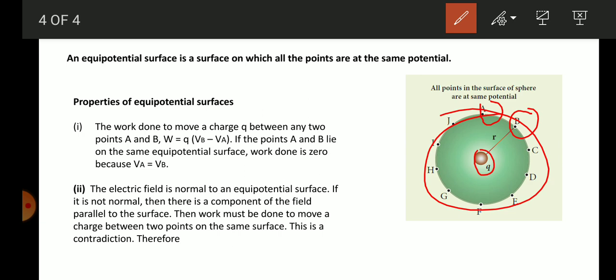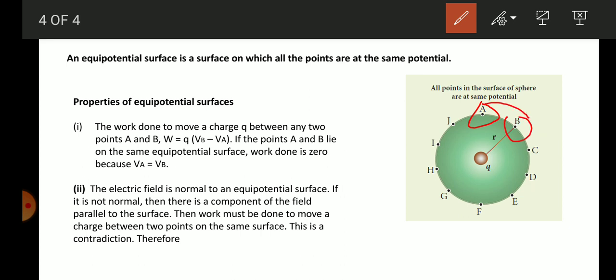Now there are some properties of an equipotential surface. What is that property? Work done to move a charge between any 2 points. Let's say here A and B, I am going to move a charge from A to B, so I have to do some work. The work formula we know is W equal to QV.